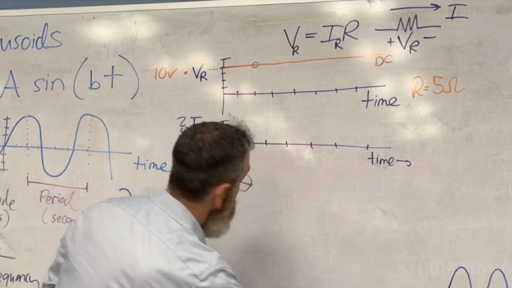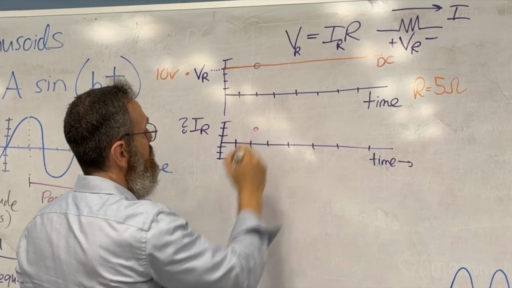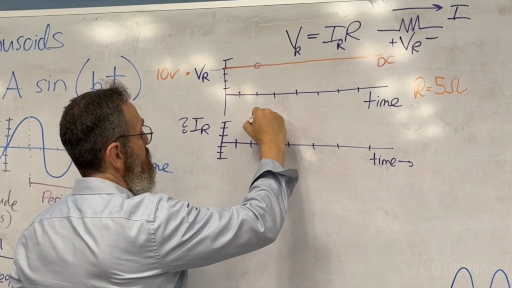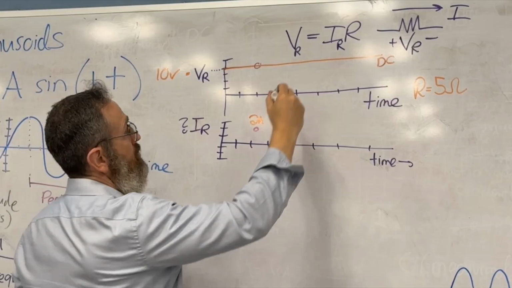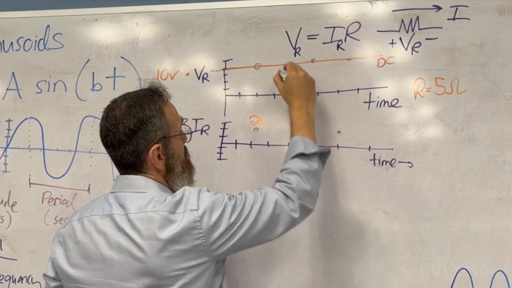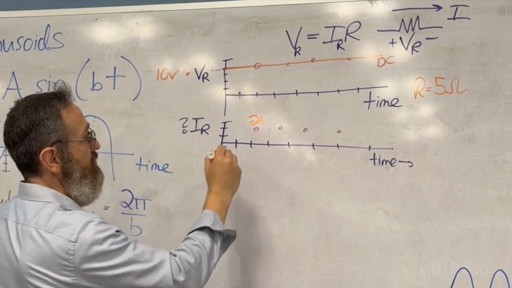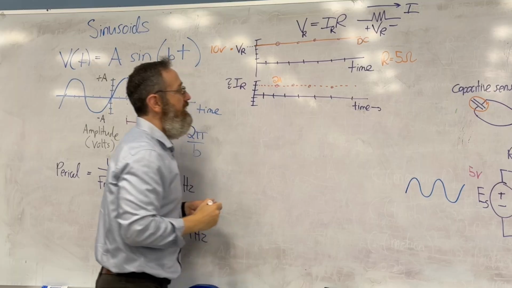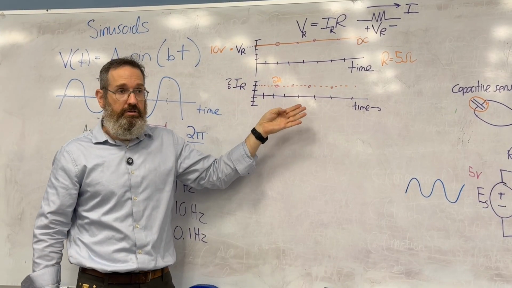So I'm going to say at this time point here, I didn't quite align it right, we are at 2 amps. And at this time point here, of course, is the same voltage, so it's the same current. And so what we can see, perhaps obviously, is that the voltage is steady, and so is the current.